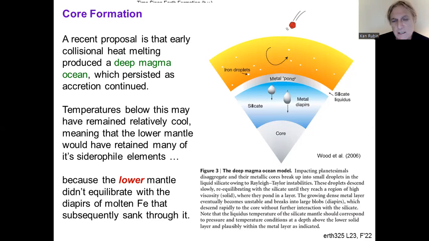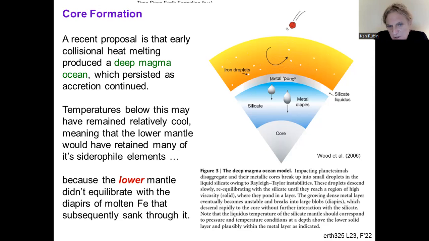So this is just a diagrammatic representation of a more recent paper showing you the relative locations of the forming of a core, the forming of a deep magma ocean, the place where the equilibration between molten iron percolating through silicate would have been, and how this would all have been put together.